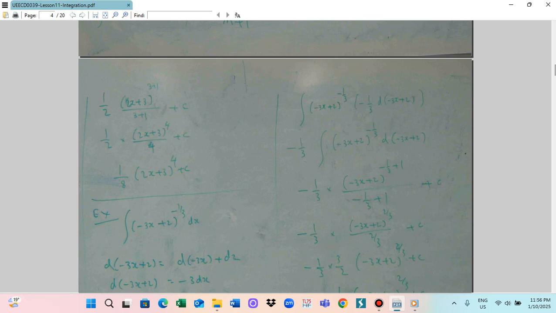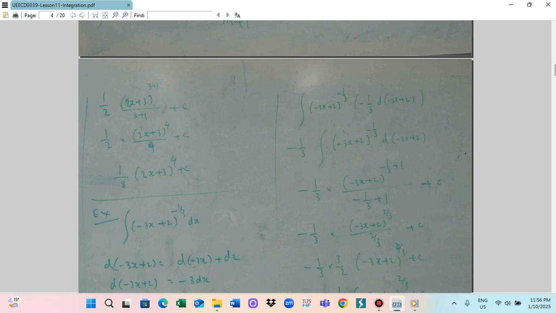The important thing here is that you make this differential. This is u power n, and this will also be u. If this one is u, this one is du. In this case, you can use this formula. But this one is 2x plus 3 and this is dx, so you can't use the formula directly. So in this problem, we have 2x plus 3 power 2, and the differential is only dx. So this dx you need to convert to d of 2x plus 3.